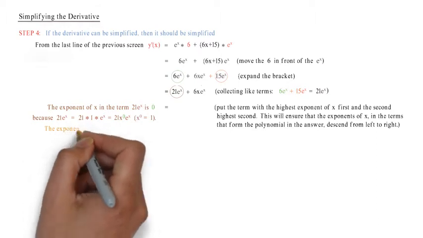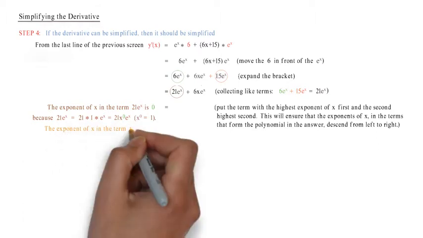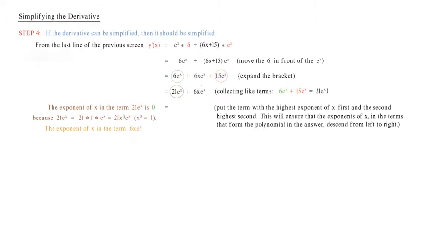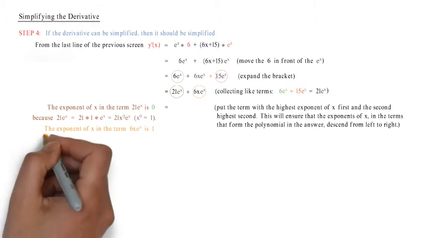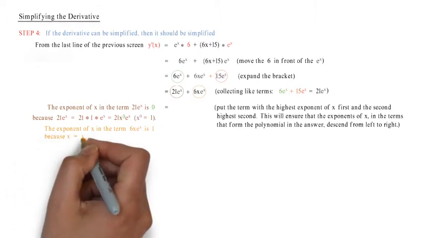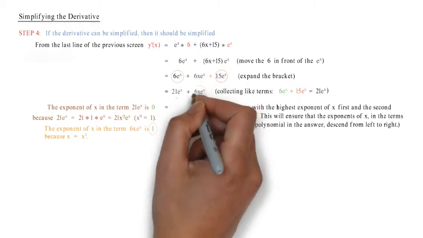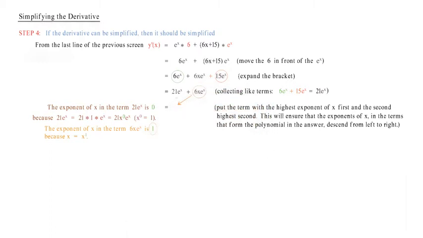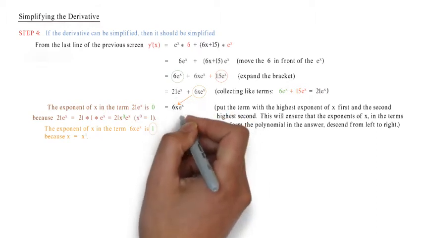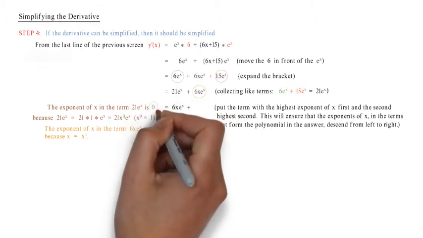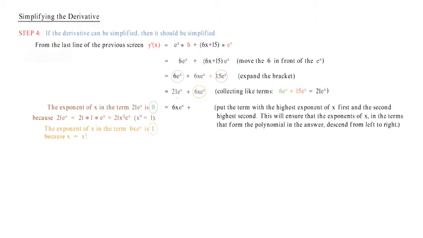The exponent of x in the term 6x e to the x is 1 because x equals x to the 1. Since 1 is the highest exponent, 6x e to the x goes first. And since 0 is the second highest exponent, 21 e to the x goes second.